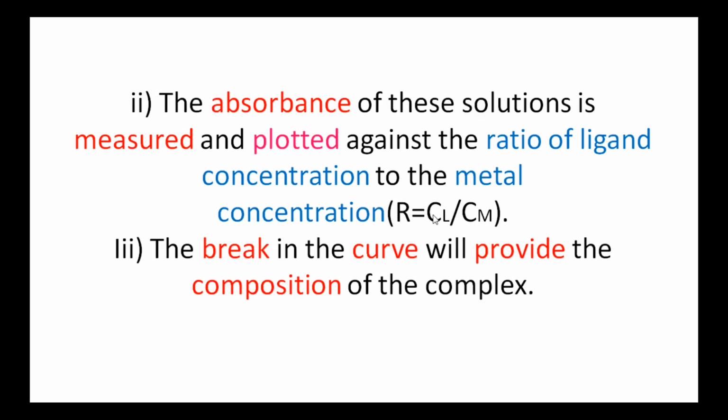Cl is the concentration of ligand, Cm is the concentration of metal. This is calculated for all the above solutions. This is taken on the x-axis and absorbance values are taken on the y-axis. Then we get a curve. The break in the curve will provide the composition of the complex directly.